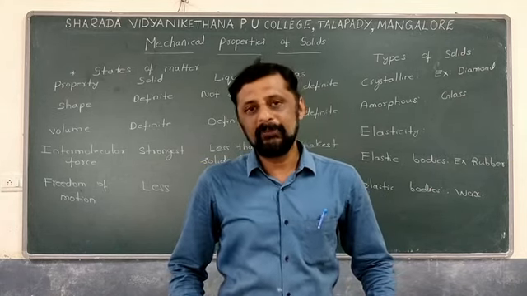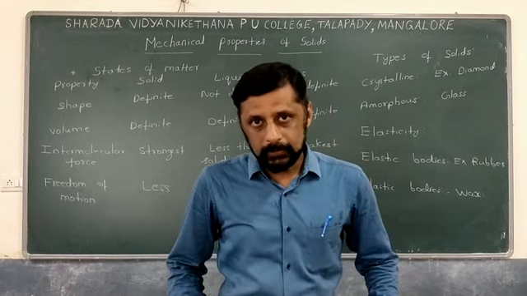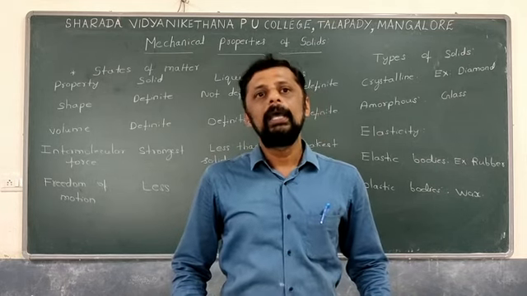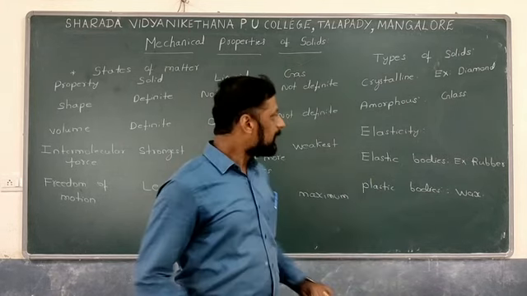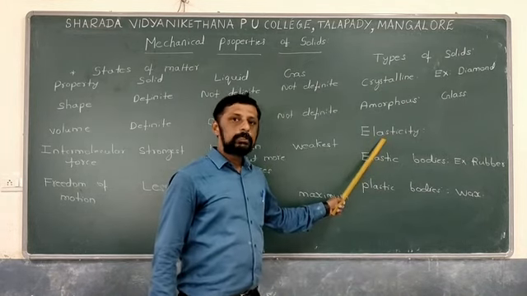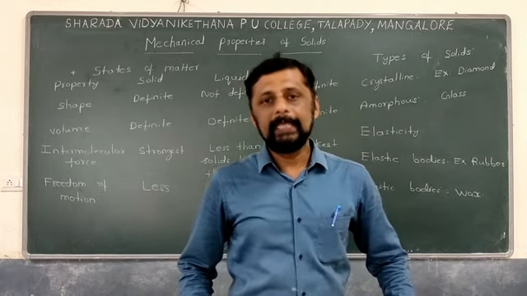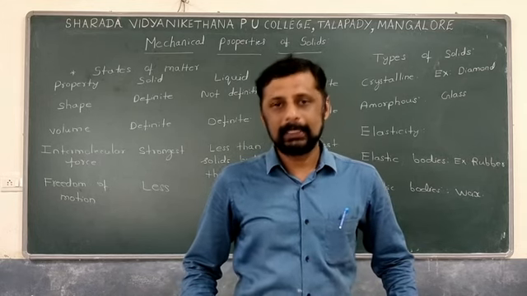That means the spring will regain its original shape. Similarly, in case of rubber also, if you stretch the rubber, its length increases, while if you compress the rubber, its length decreases. This property is nothing but elasticity. So it is the property of material by the virtue of which it regains its original shape and size. That is called as elasticity.